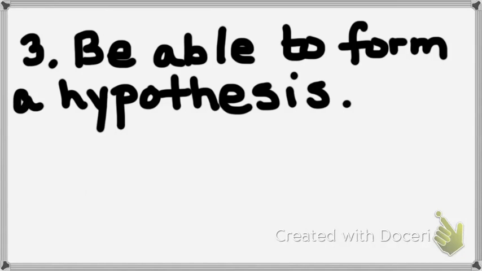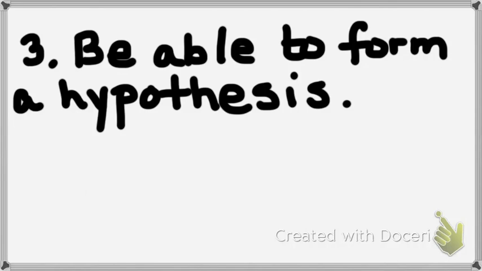Okay, be able to form a hypothesis. Now, one day, I don't know if you remember this, one day you came into lab and we had earthworms. They were alive. Do you remember that day? Yeah. And we were doing scientific method using earthworms, and we practiced writing hypotheses that day. So somewhere in your folder, your notebook, you kept that experiment.